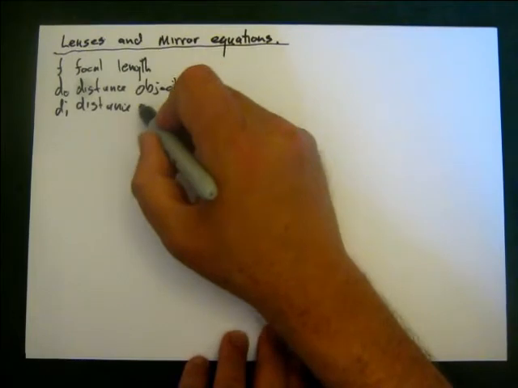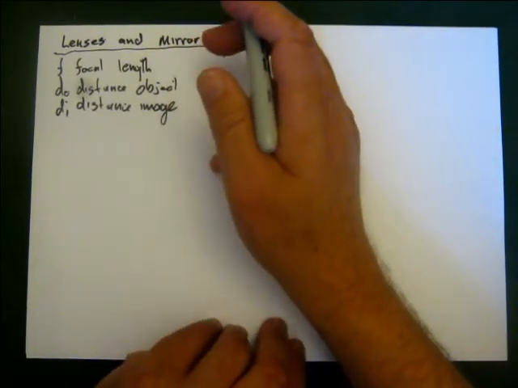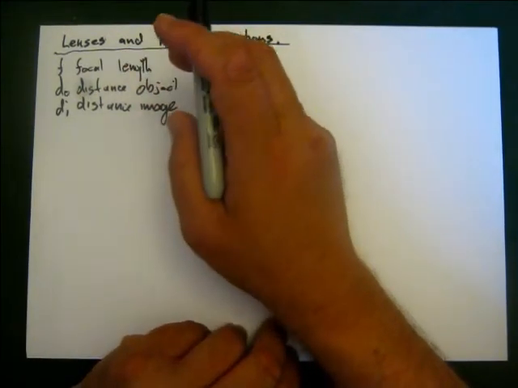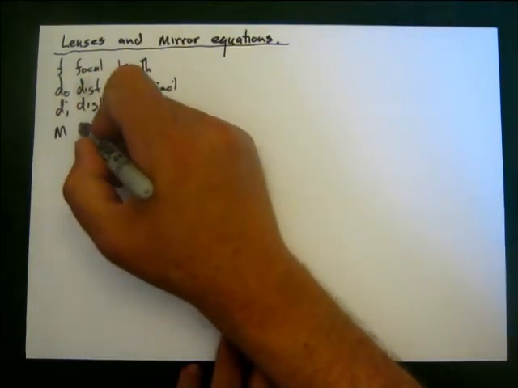Other things we want to know though, if we're using lenses, sometimes in microscopes and telescopes, is the focal length and the magnification.